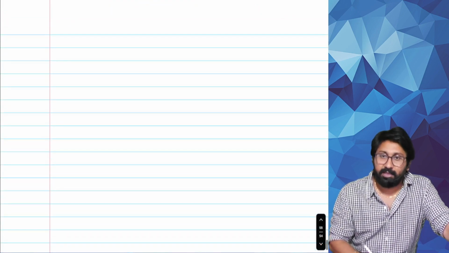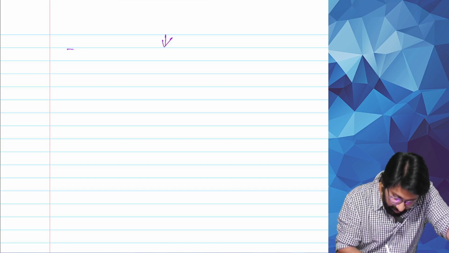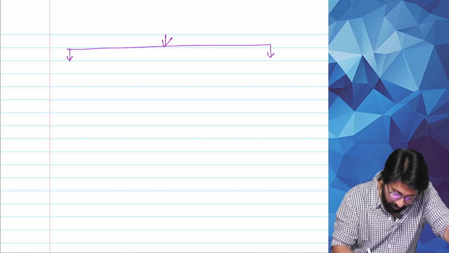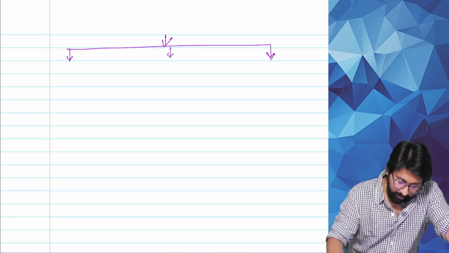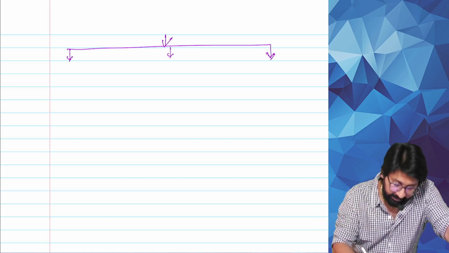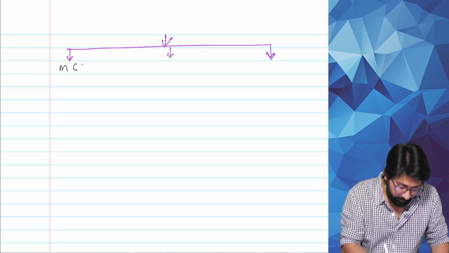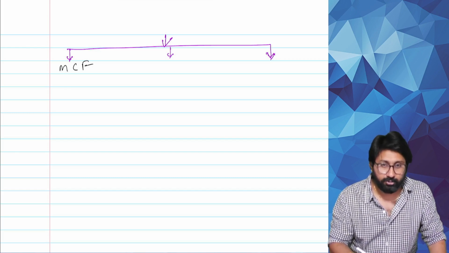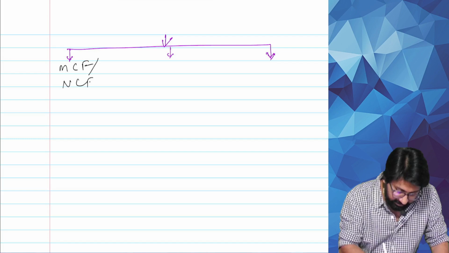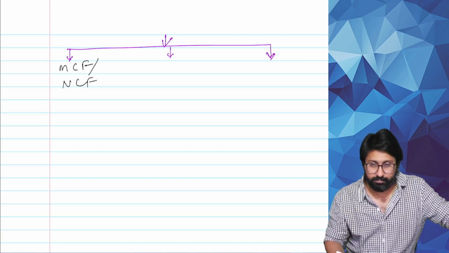See here. There are 3 types of cash flows. Cash flows are of how many types? 3 types. The first one is money cash flow, also called nominal cash flow.